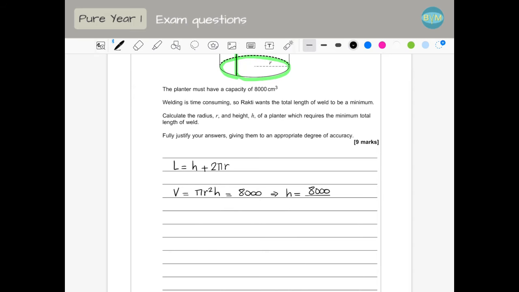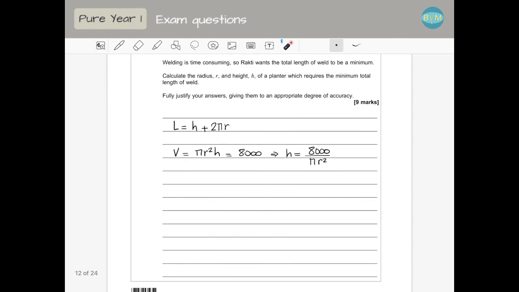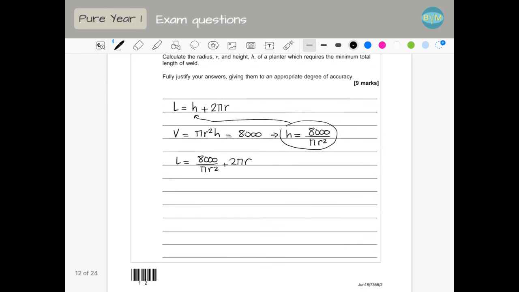So h is 8,000 divided by pi r squared. I'm going to substitute this expression here, so that I have L in terms only of r. So L is going to be h plus 2 pi r, substituting this one here.